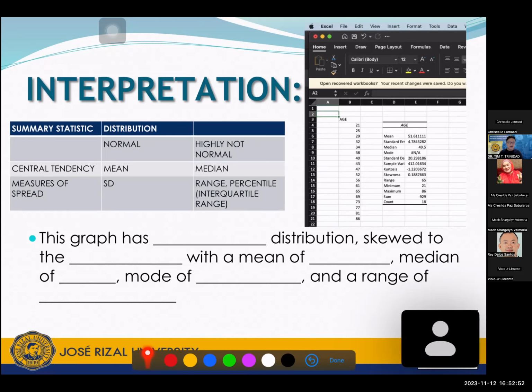Yes, sir. Okay, so that ends our session for the descriptive data. Next meeting, we will be talking about inferential statistics.